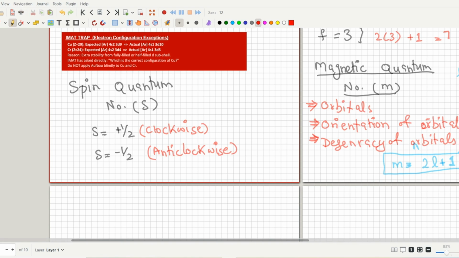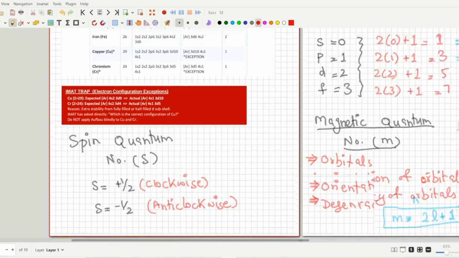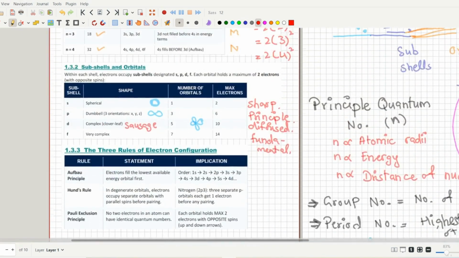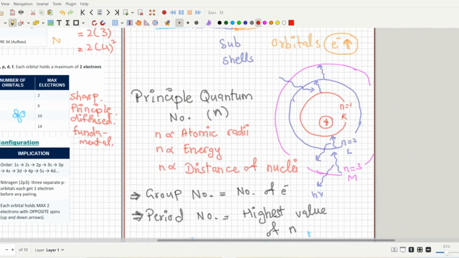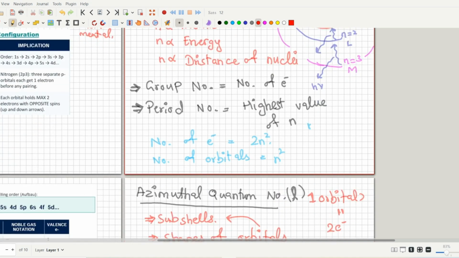So this was all about the quantum numbers, and we just studied everything about electrons. The principal quantum number tells you what shell the electron is present in, and its radius, its energy, its distance, what the group number tells you about electrons, what the period number tells you about the electrons, and the number of electrons and orbitals in a shell.